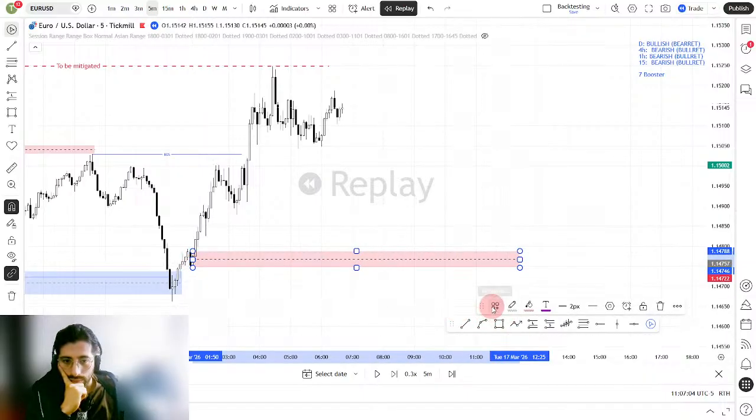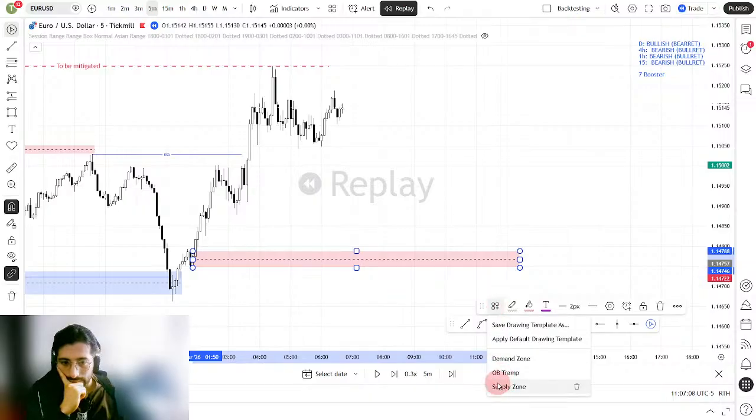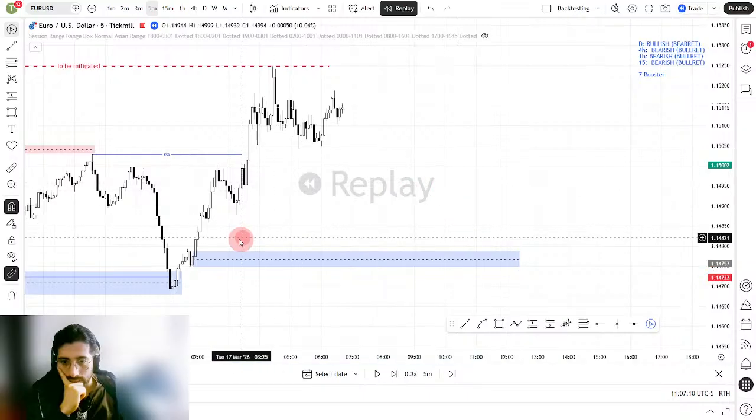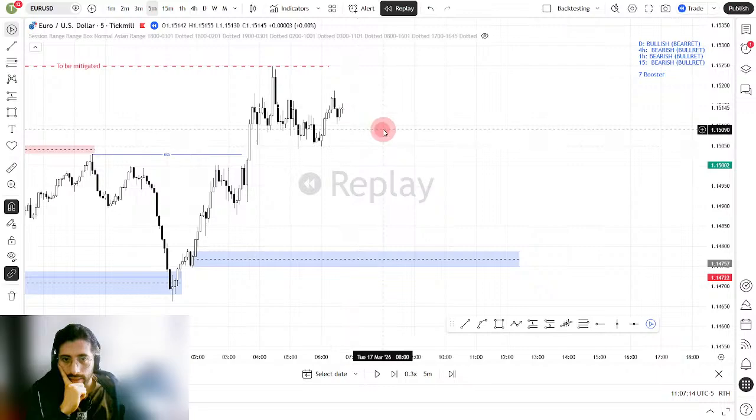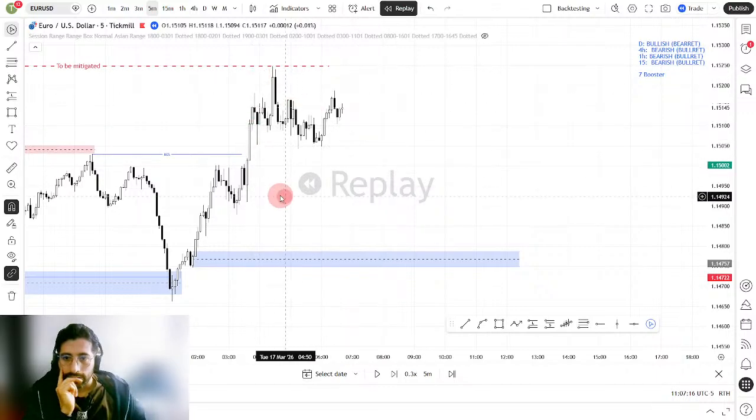Yep, this one. I like this one because all of this is liquidity prior to the order block, right? However, there are other interesting points of interest like this one.